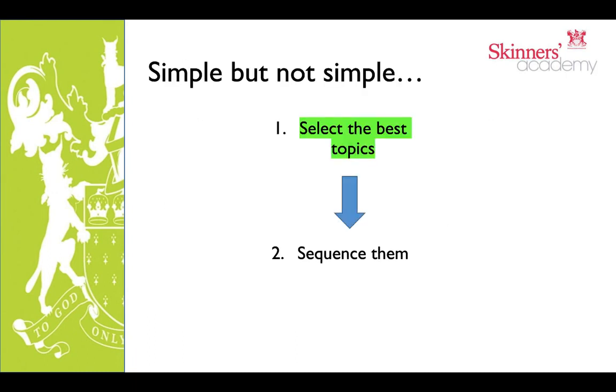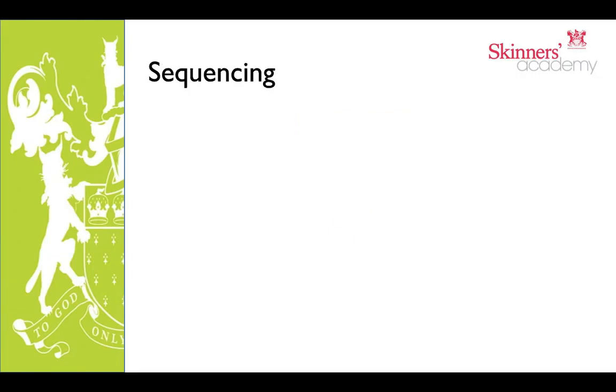So once you've selected your topics, you then have to sequence them. And this is a little bit harder. What is sequencing? Well, sequencing is the simple idea that learning builds on what has come before. When we learn something, we do not learn in a vacuum. We are building.